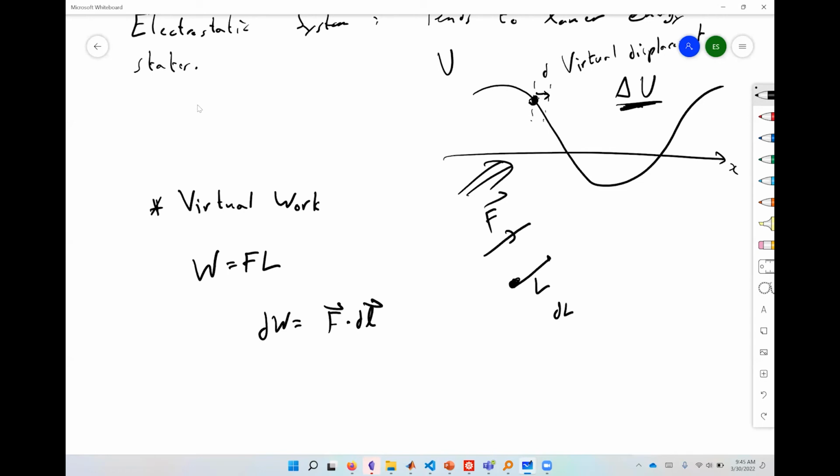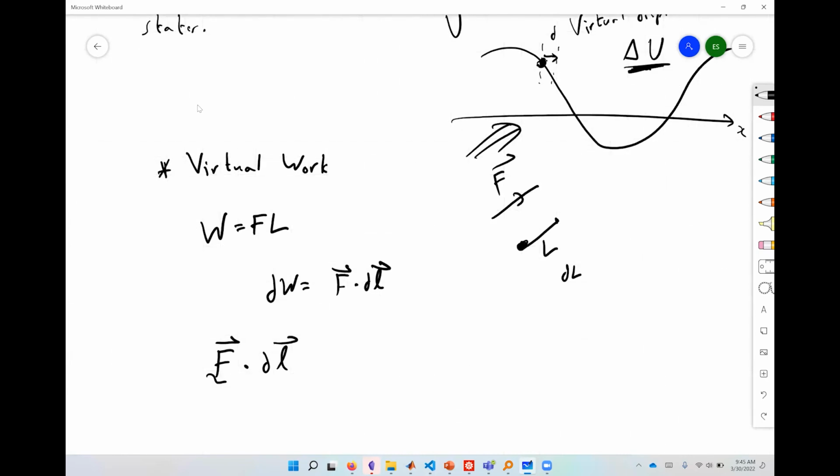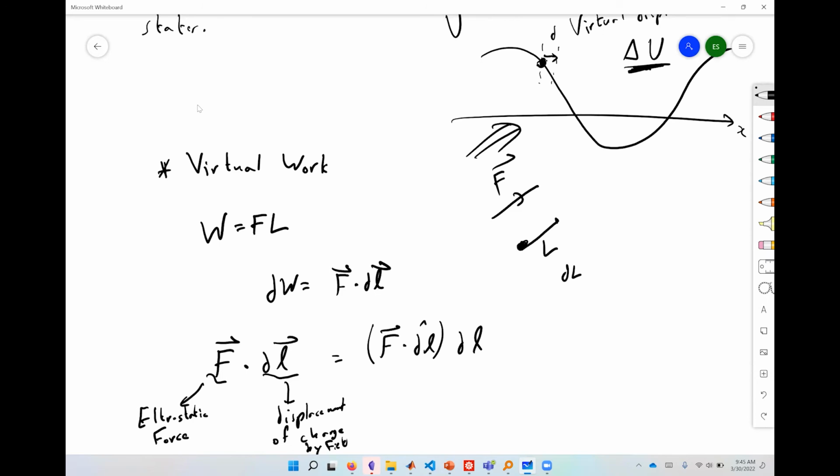So in an electrostatic system, F dot dL, F would be the electrostatic force, the Coulomb force. dL is going to be the displacement of charge by the field, right? So this is F dot L hat, we could say, times dL.